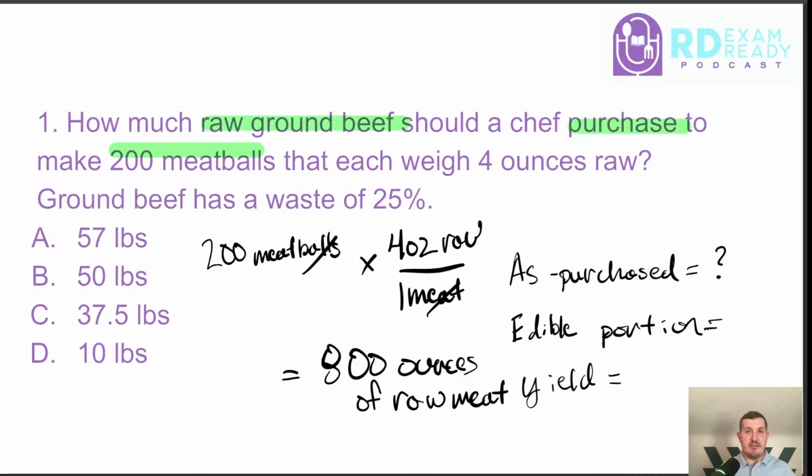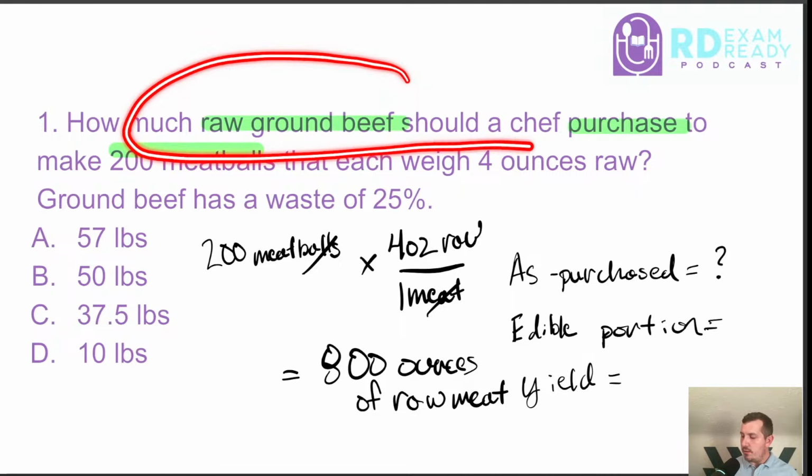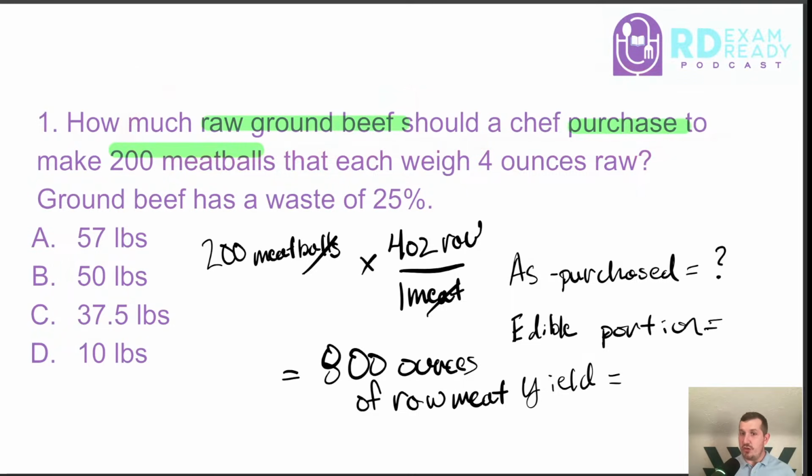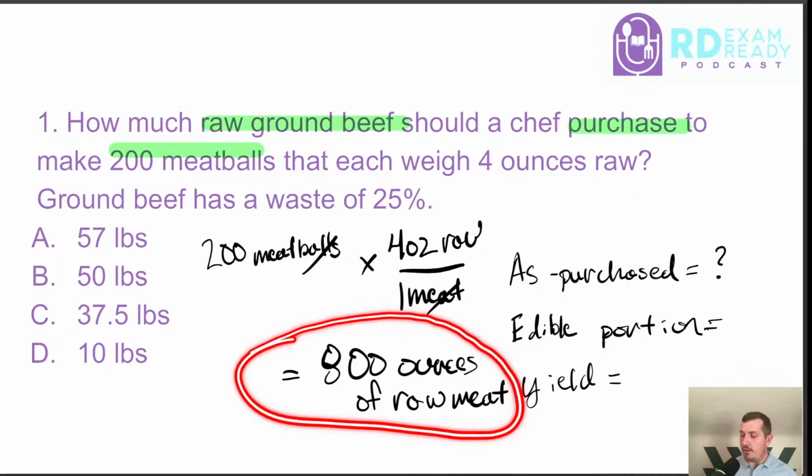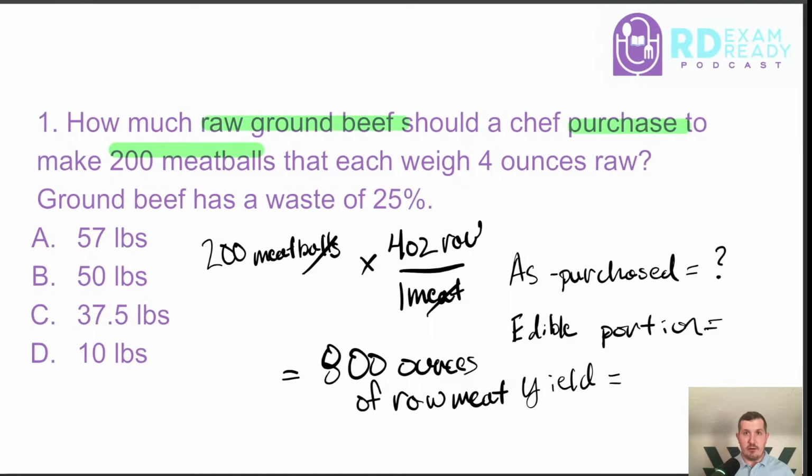So let me ask you this, students. Take a pause right now. What did the question ask you for? How much raw ground beef should the chef purchase? What we just found is how much raw ground meat there is.